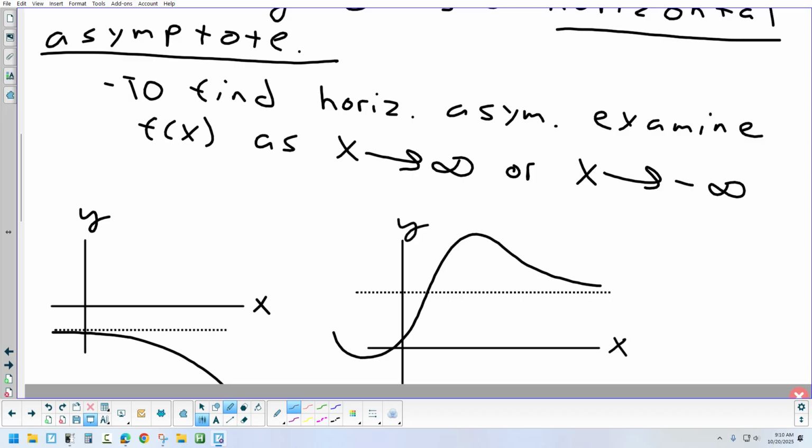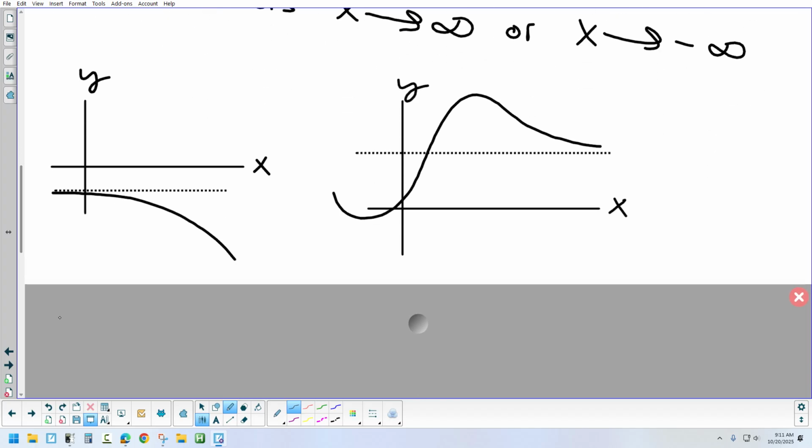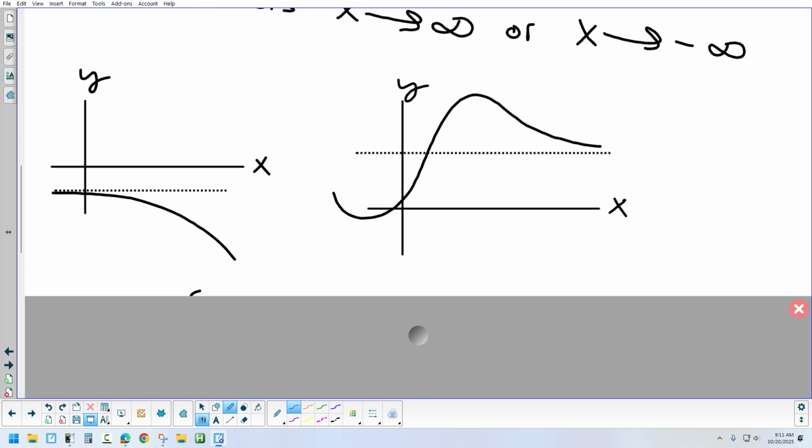So with asymptotes, we don't care what's happening in this area. We care what's happening way over to the right. Are we getting closer and closer to something? If so, that's a horizontal asymptote. And the picture on the left, that's an example of a horizontal asymptote that you never cross. You just seem to get closer and closer to it the further to the left that you go.